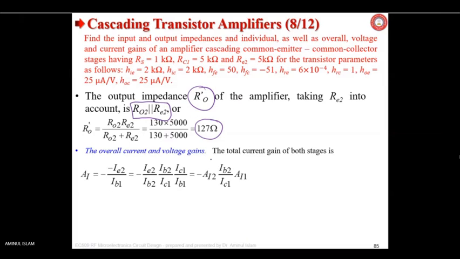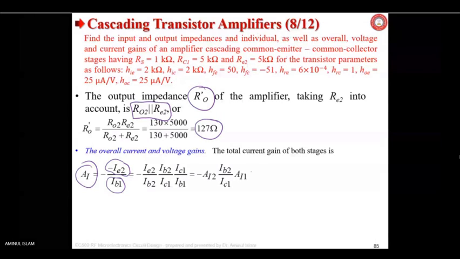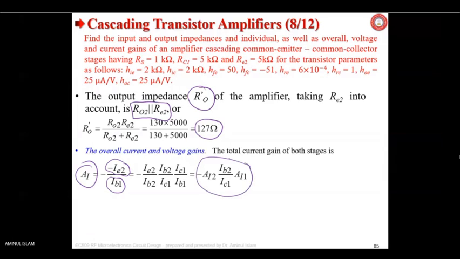The overall current and voltage gain: AI is I2, the current through the load resistance RE2, which is connected at the terminal of Q2, divided by IB1. If you manipulate it, it is minus AI2 into AI1 into IB2 by IC1.